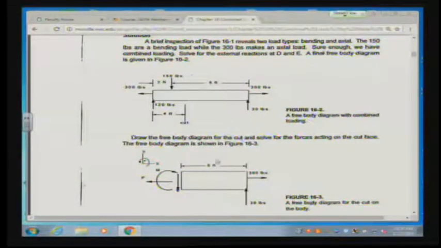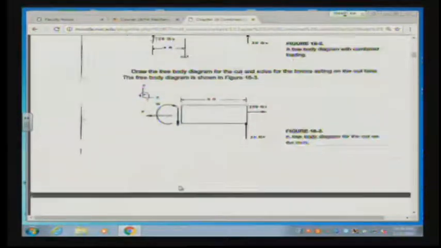So there's the free body diagram, coming 6 feet over to the cut face, and we calculate our reactive load V, our reactive load P, and our moment. He always indicates that it's clockwise, 180 foot-pounds.